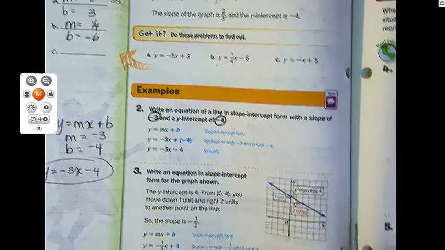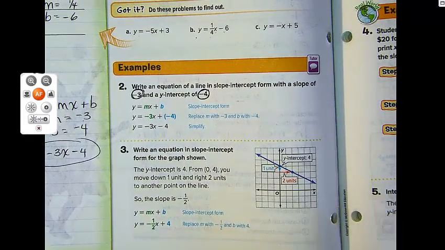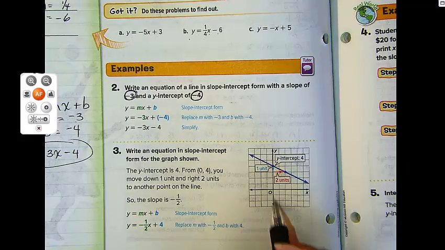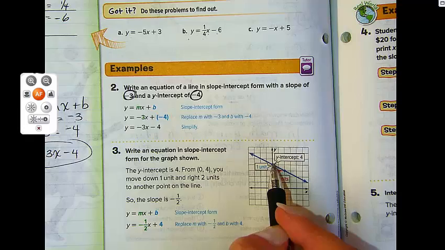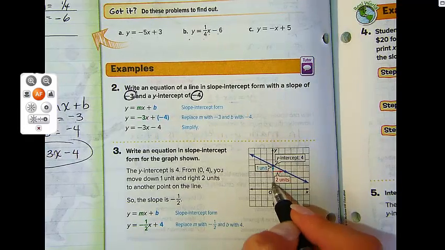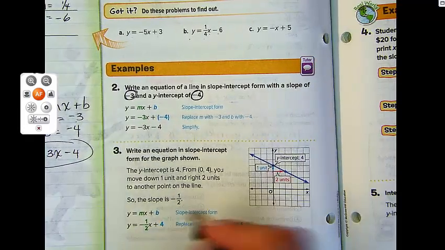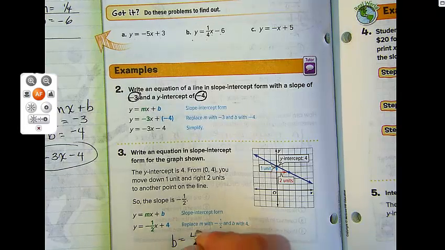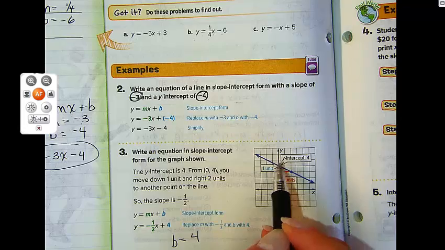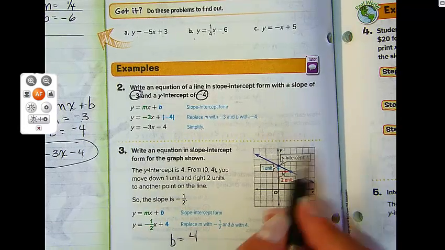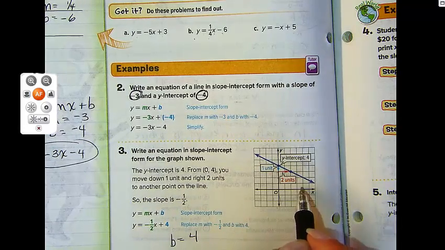Okay, now let's look at it from a line. Well, I can tell right here where this line crosses the y-axis, and it crosses it right here. So if I figure out what the point is, that's a 1, 2, 3, 4. So my y-intercept is 4, because that's where it crosses the y-axis. And then I find my slope. Since this line is going down, I'm going to have a negative slope.